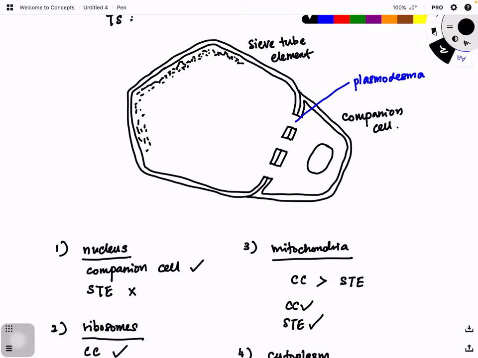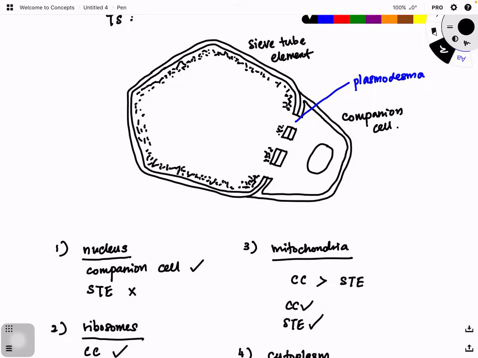Let me draw it slowly. Later you can take a photo, no worry about it. Can you see that? Very thin.